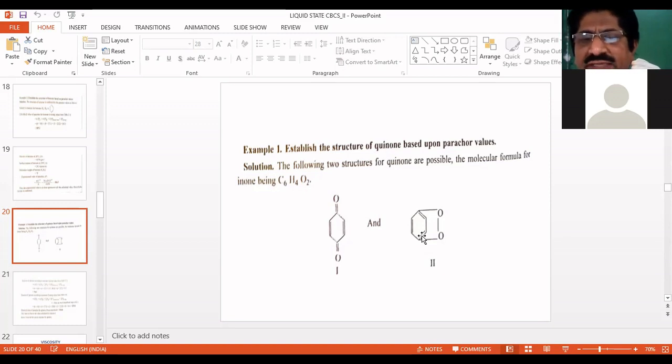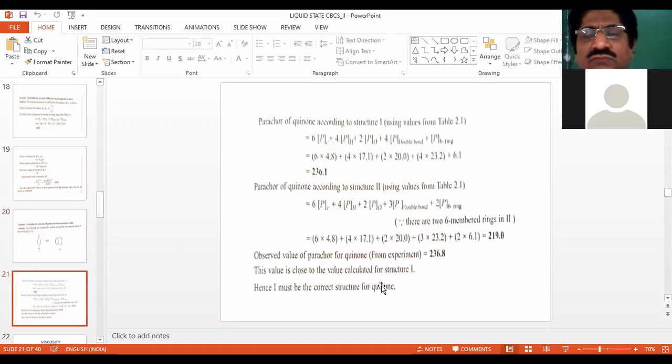Because of that, structure 1 is the correct structure for the quinone, whereas structure 2 is not. But actually, there is nothing wrong in both structures, keep it in mind. There's nothing wrong in both structures in terms of bonds and valency theory, everything is perfect, but the correct structure is structure 1.